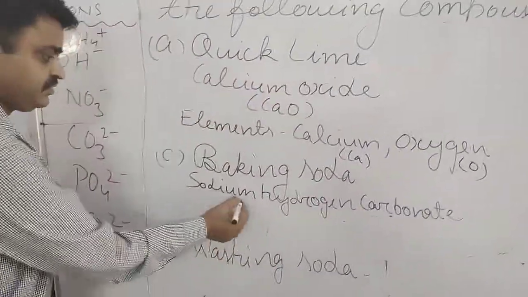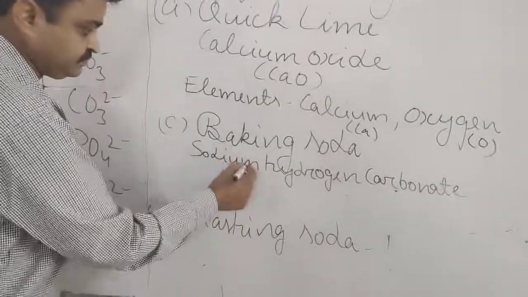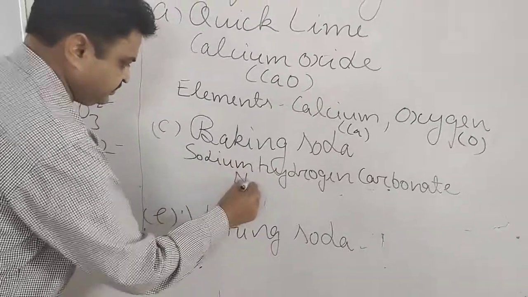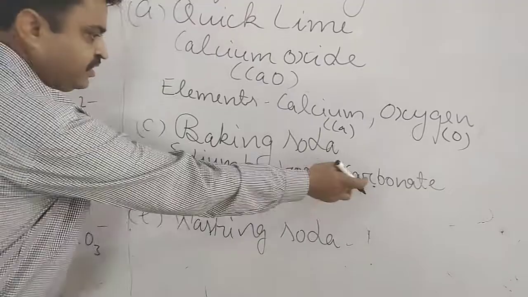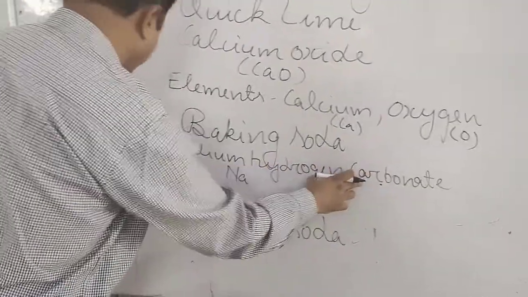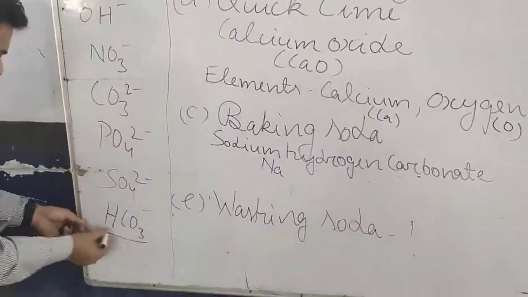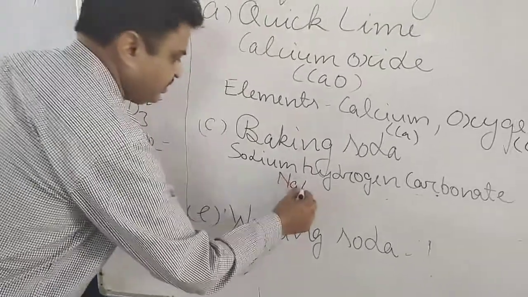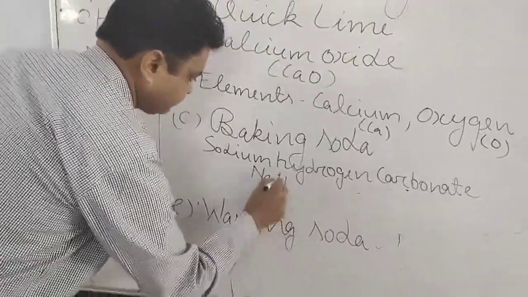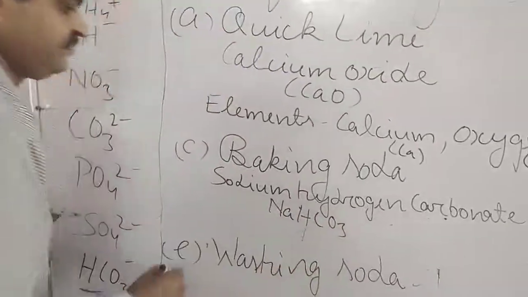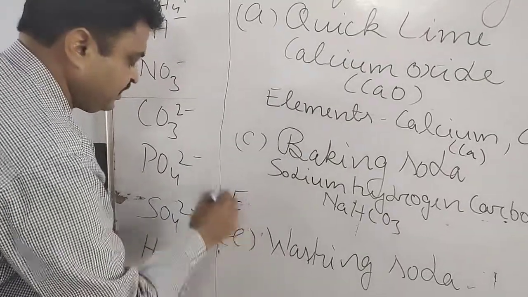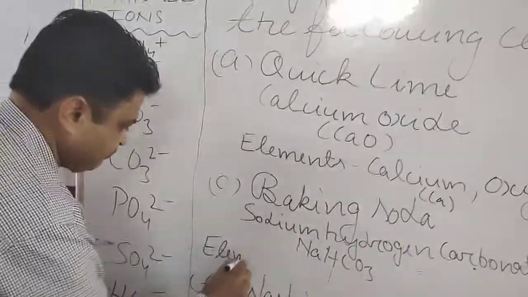So in this, now you can tell the formula of this is Na, and hydrogen carbonate, the polyatomic ion, is found in this. So you write here NaHCO3.